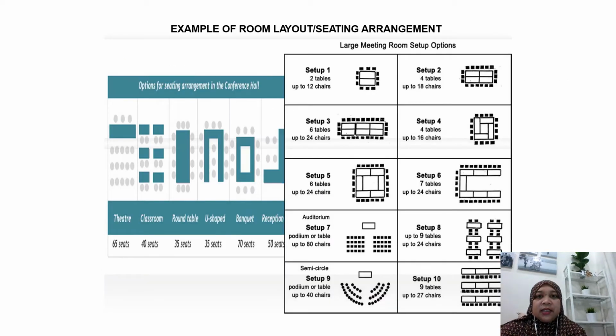Okay, this is an example of room layout or seating arrangement. So we learned this in chapter 4 a little bit the other day. And the U-shape, the theatre style, round table U-shape.